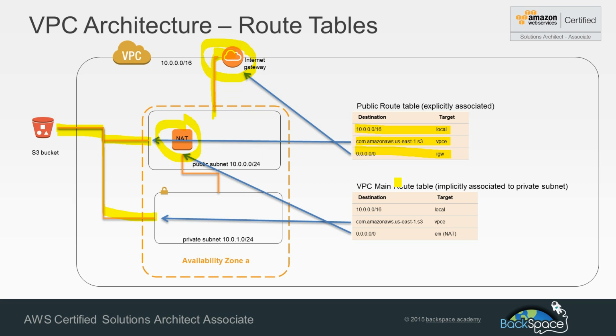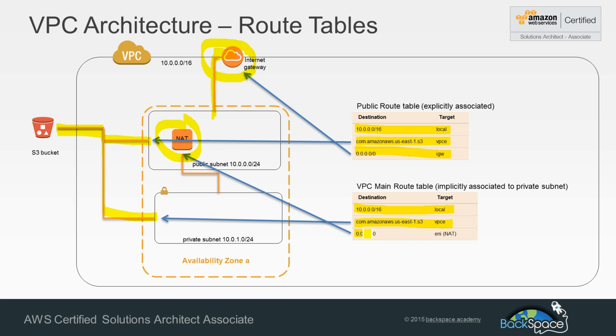Now we have the VPC main route table. That is implicitly associated to the private subnet, and it will be implicitly associated to any subnet that doesn't have a route table explicitly associated to it. Again, we've got our local traffic route, and we have our VPC endpoint for the S3 service.